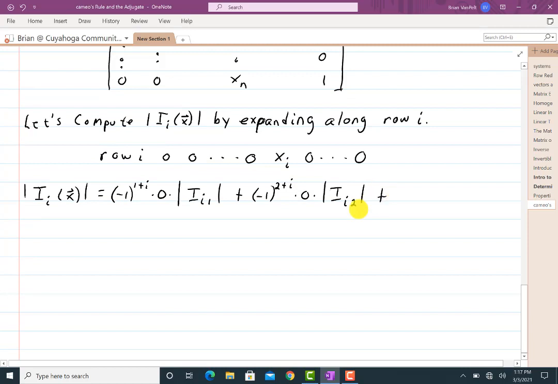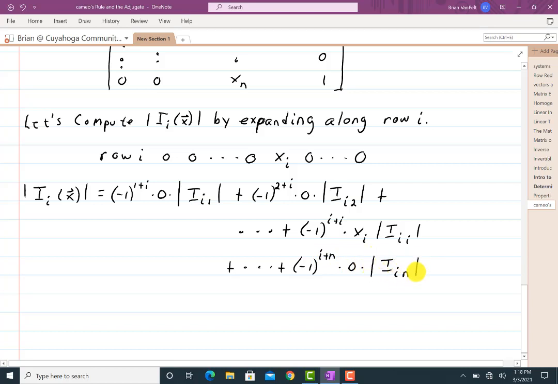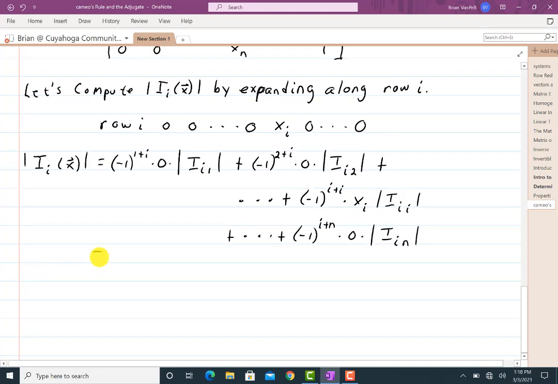This continues, plus dot, dot, dot, plus, let me get to i, (-1)^(i+i) times x_i times I_{ii}, plus dot, dot, dot, plus (-1)^(i+n) times 0 times I_{in}. Of course, everything is 0. All that we have left is (-1)^(2i) times x_i times I_{ii}.